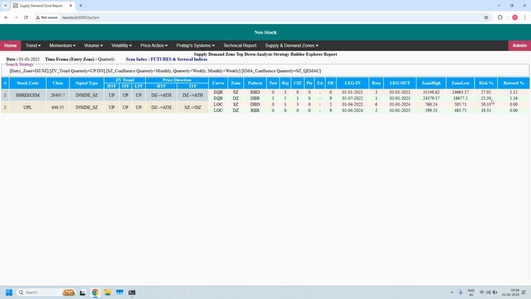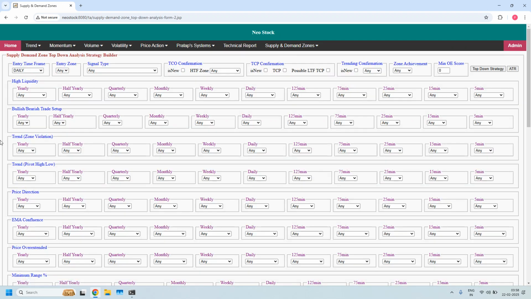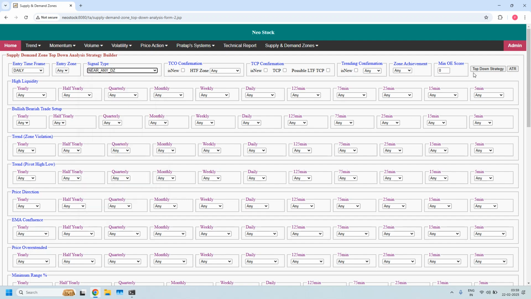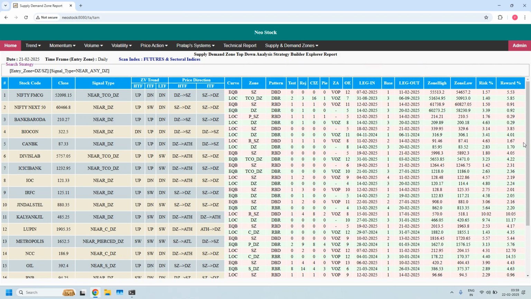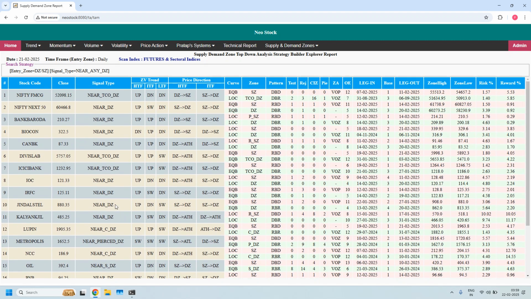Okay, next time frame is daily. Entry time frame daily. Let us find the stocks near daily demand zone. We got 21 stocks. Let us identify high liquidity demand zones from this list.